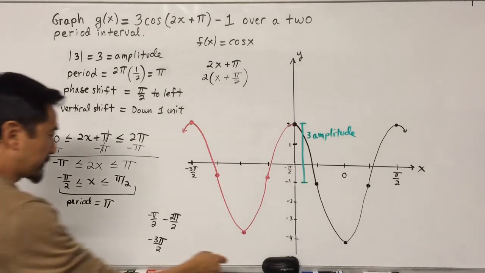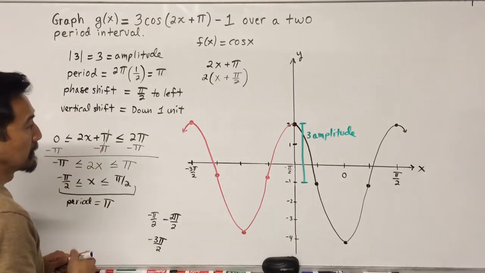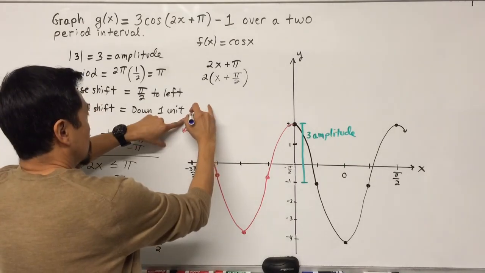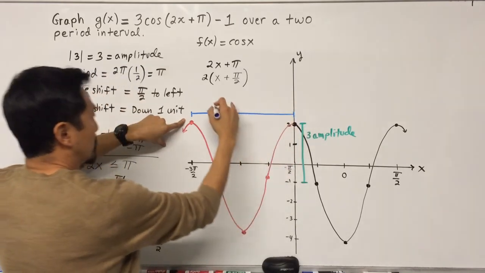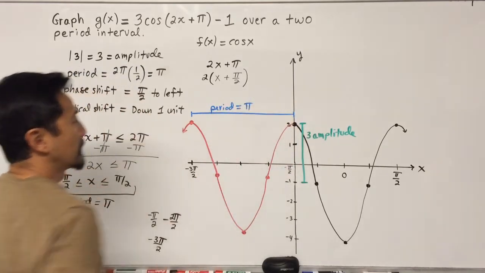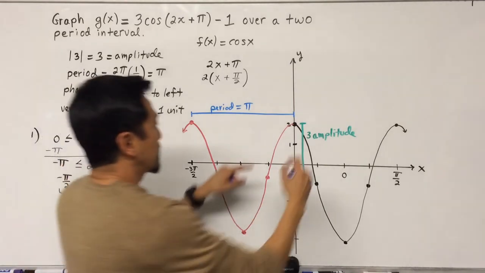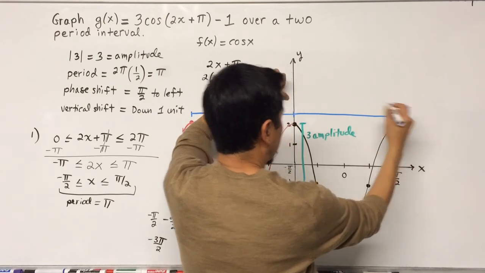And of course the period was the length of this interval here. So this was my period, which was pi. And that is the same as this length here.